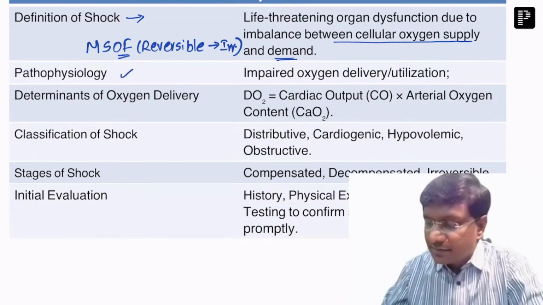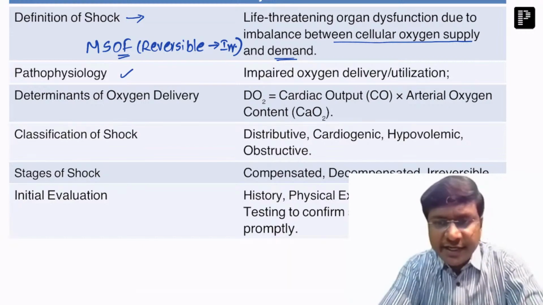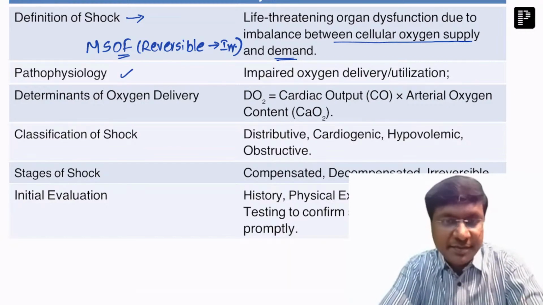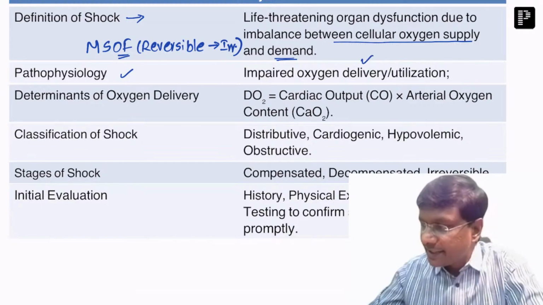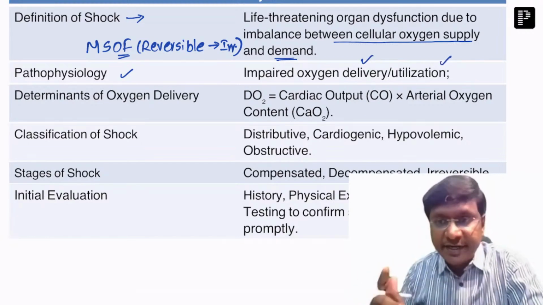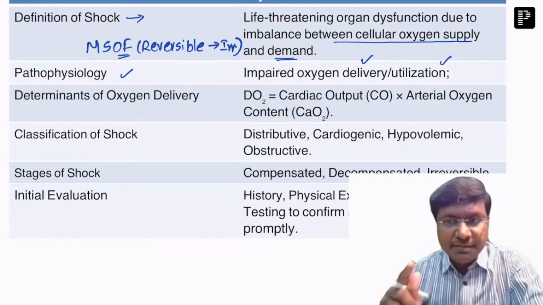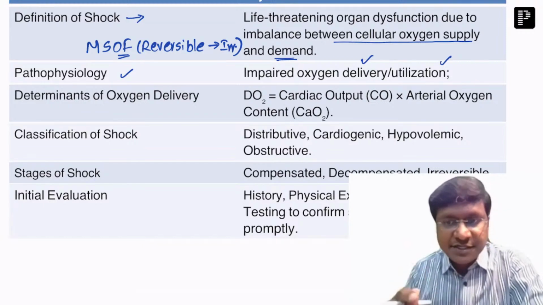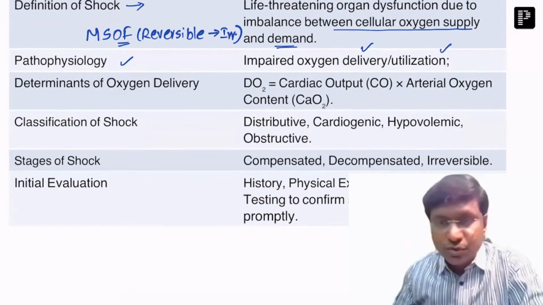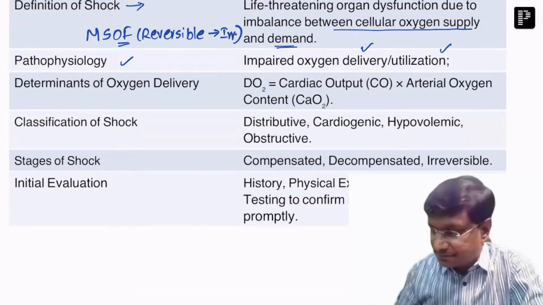Now, if you see the pathophysiology of shock, in any type of shock, what is the basic problem? There is impaired oxygen delivery or impaired oxygen utilization. Not only that, in these patients there will also be initiation of anaerobic metabolism.